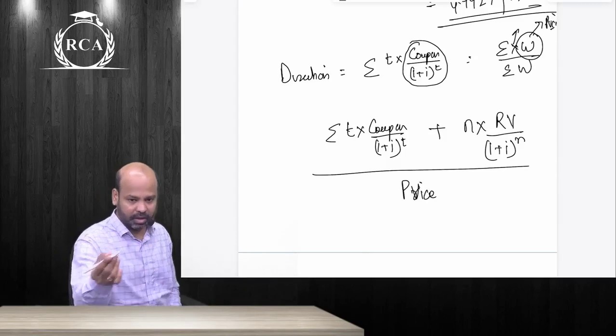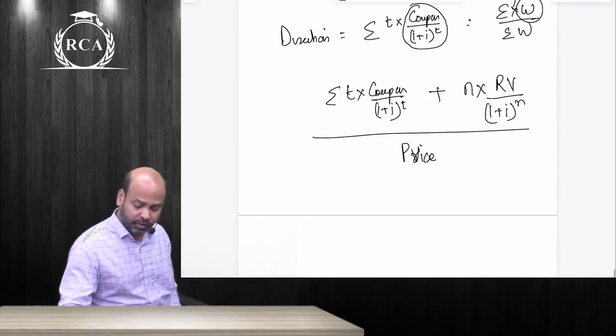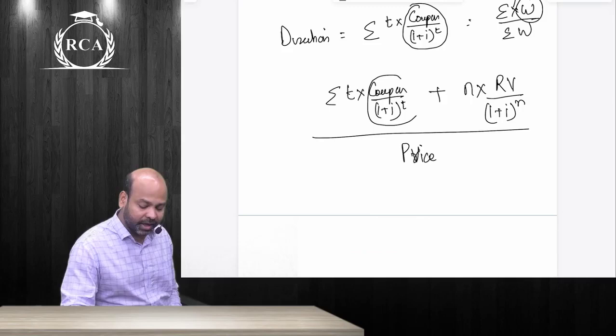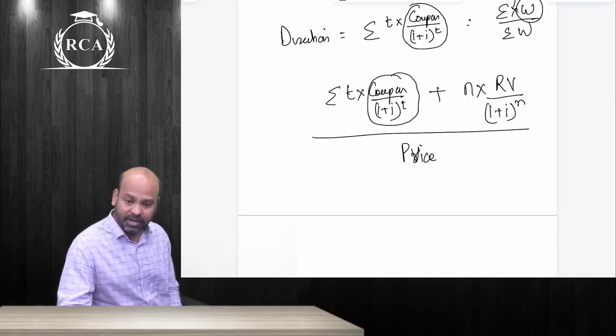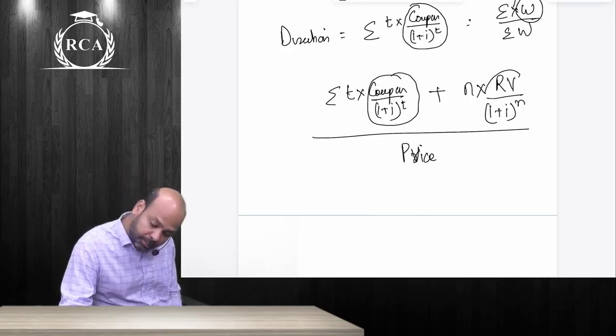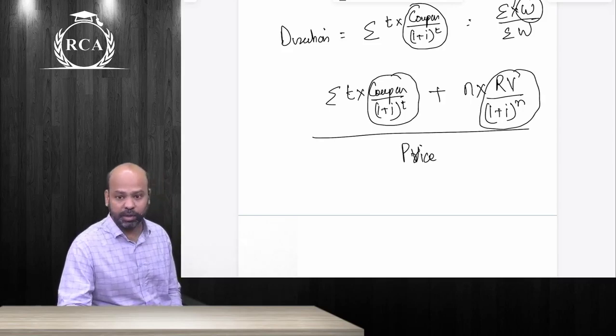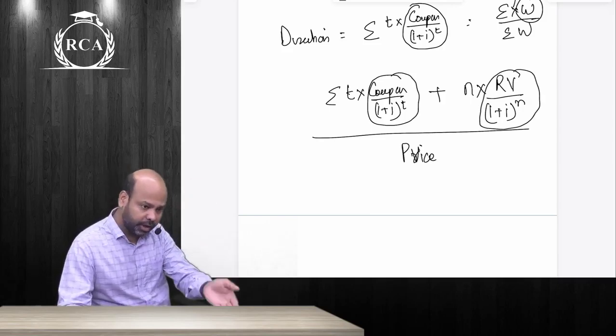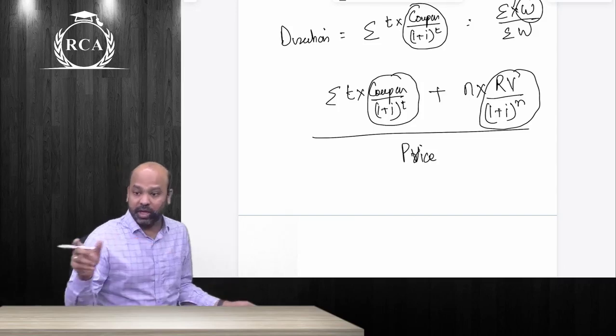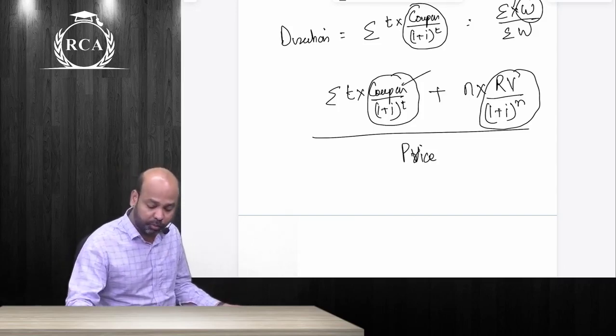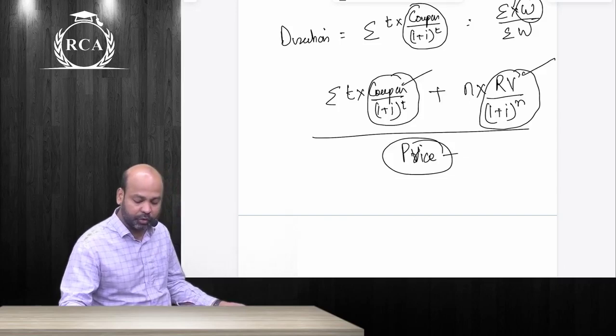To remember this formula, go back to the same concept. Coupon divided by 1 plus I whole power t is the present value of cash flows. Redemption value divided by 1 plus I whole power n is the present value of the redemption value. Weights are present values. The sum total of all of those present values of cash inflows will be equal to the price of the bond today.